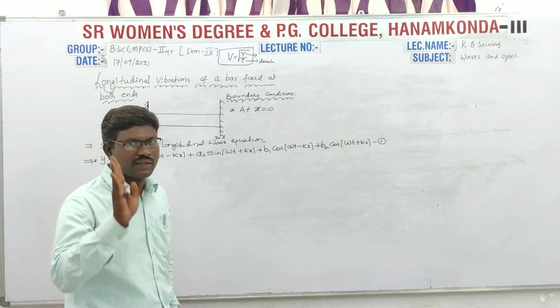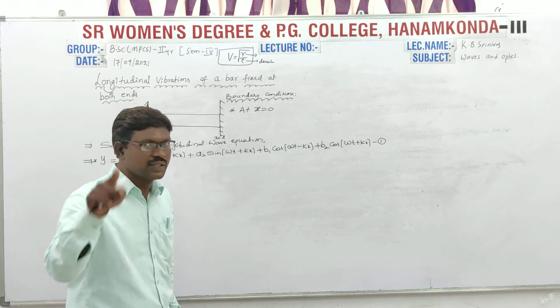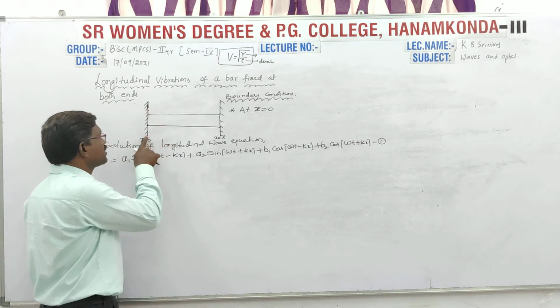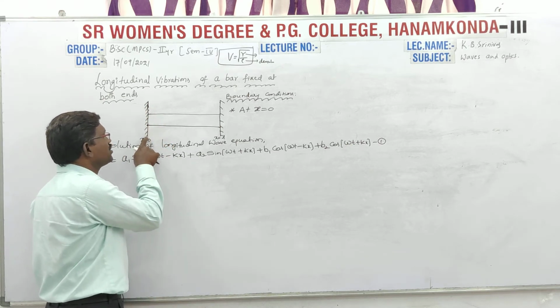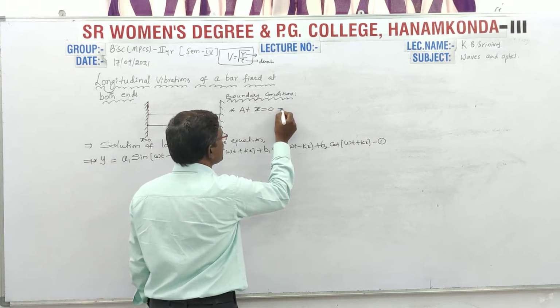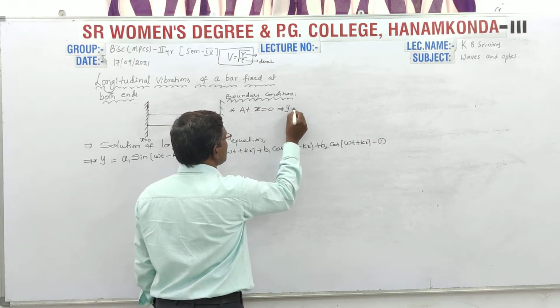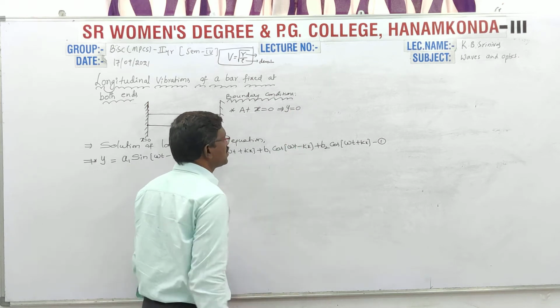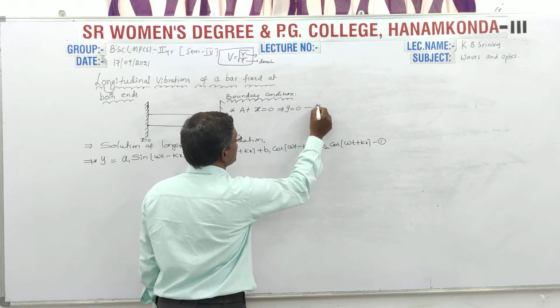The displacement of the bar is equal to 0 at this position. So at x equal to 0, there is no displacement of the bar, that is, displacement, which we generally represent by y, equals 0. This is boundary condition 1.